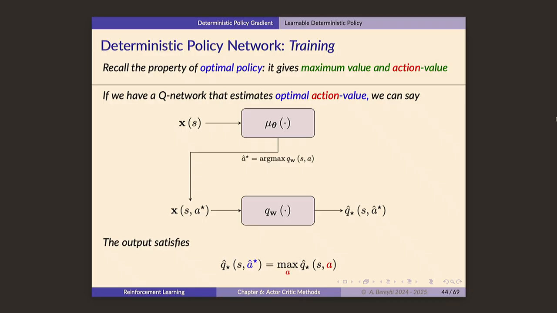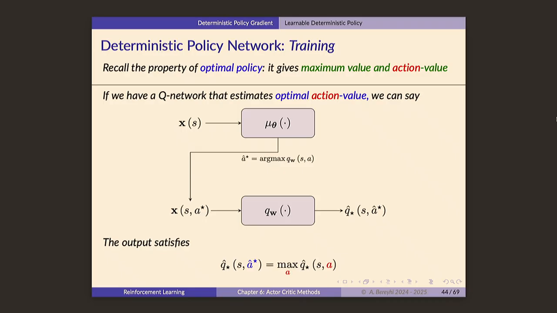No, it's not giving you the optimal action. You want it to give you the optimal action, right? But then the question is how you can train it to give you the optimal action. Policy network, yes. You want to train it so that you find theta in a way that it gives you the optimal action, right?